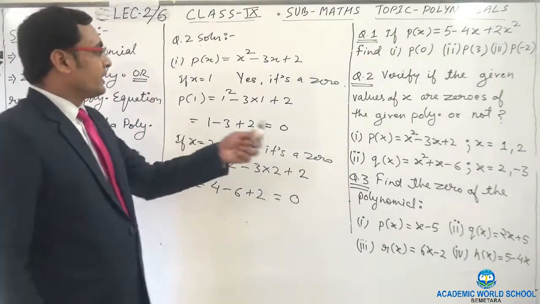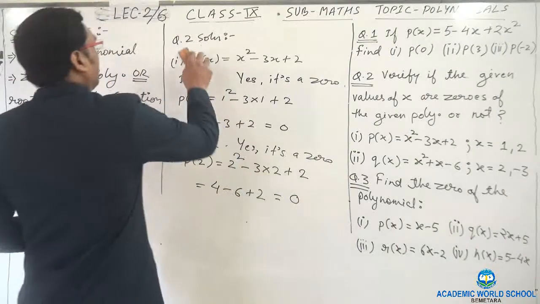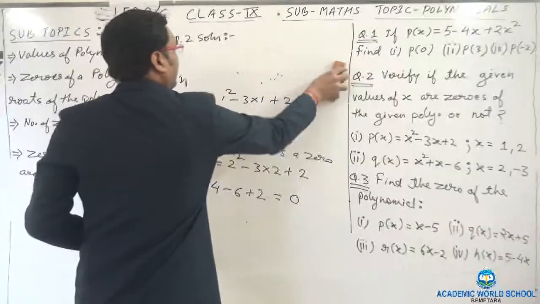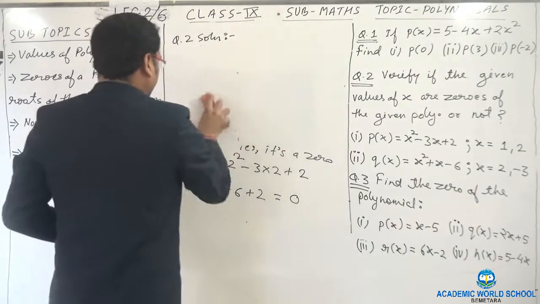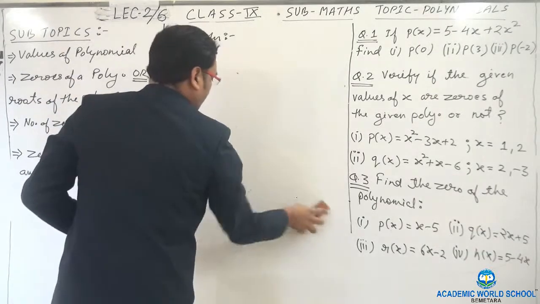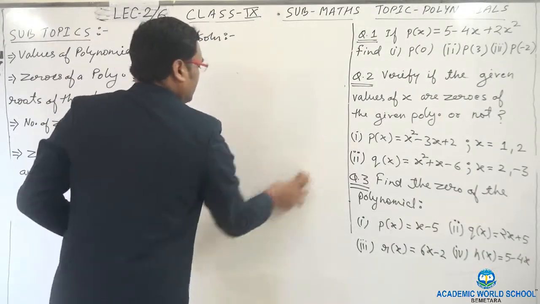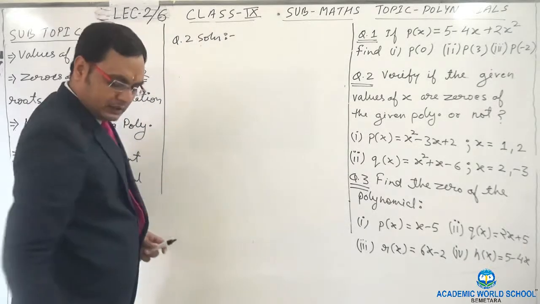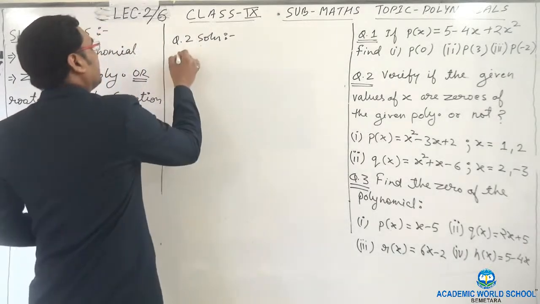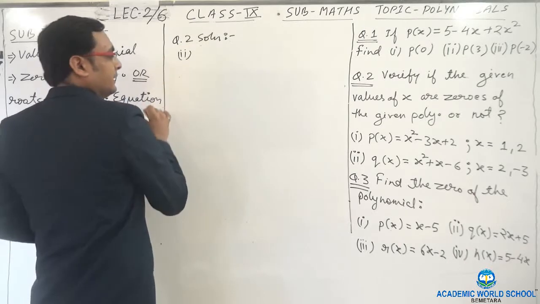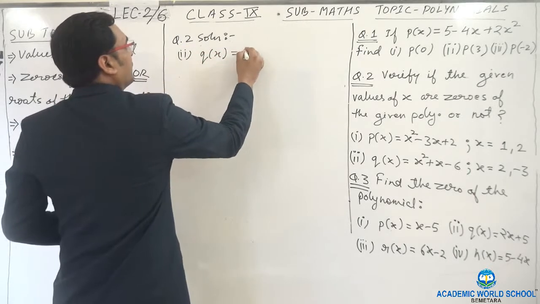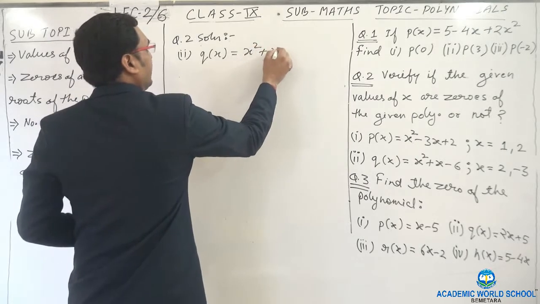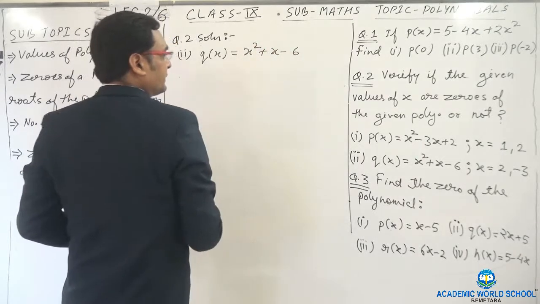Next, second question of this, again we have to verify whether the given values of x are the zeros of this polynomial or not. Look at the polynomial. The polynomial given to us is q(x) equal to x square plus x minus 6.